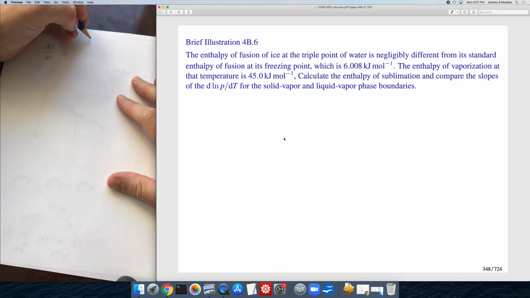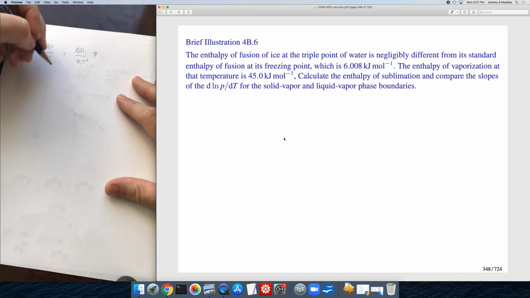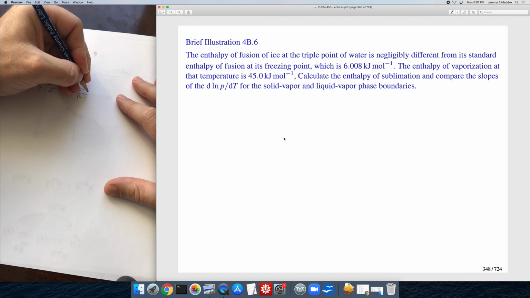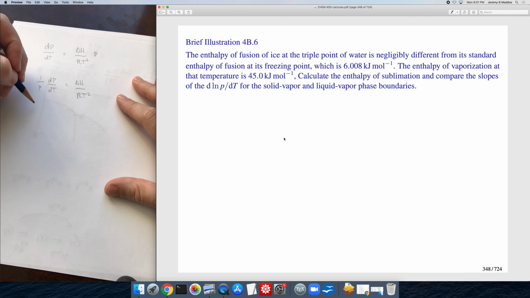I'll just repeat the equation, delta H over RT squared. And then we've got the pressure term here. We bring the pressure over here, 1 over P dP/dT equals delta H over RT squared. This is equal to d natural log of pressure with respect to temperature.